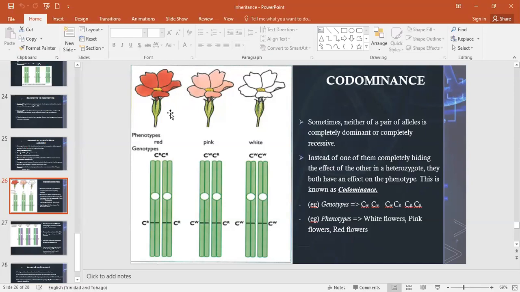So here in the flower, our phenotype, or that which you can see, is red. But the genotype is C, which is for the color, C R, which is red, and R, red. It's capital because it is dominant, and they normally choose a color based on what you're dealing with.